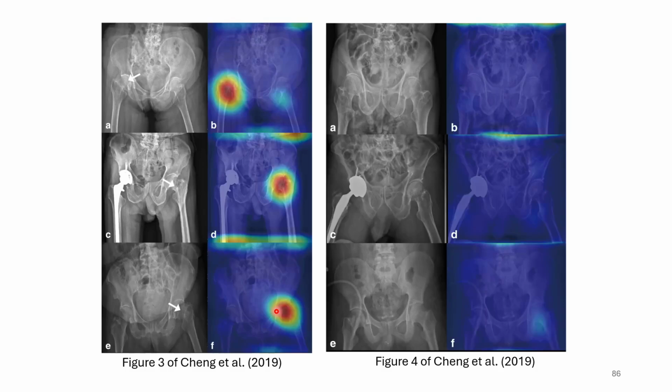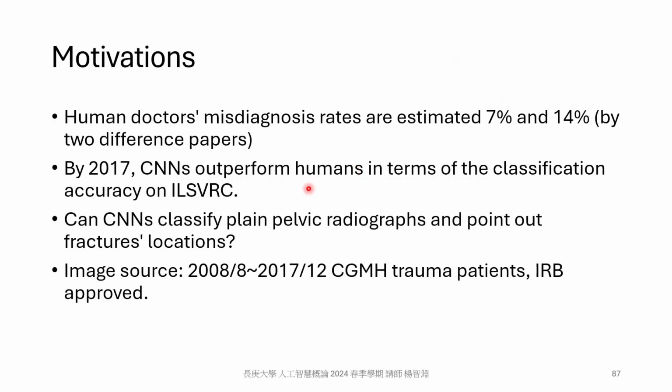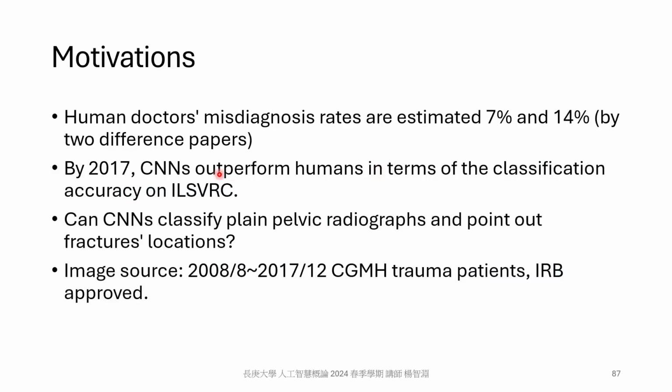Let me remind you first, this paper was published in 2019, and as we can see from the history, the research got started in 2017. So in 2017, CNN outperformed humans for image classification.